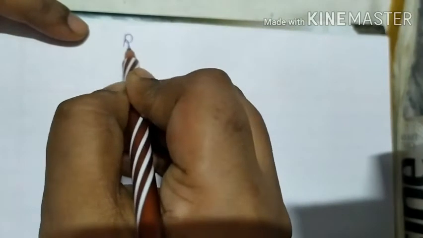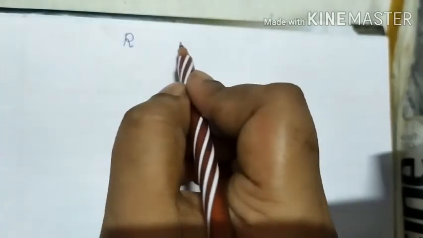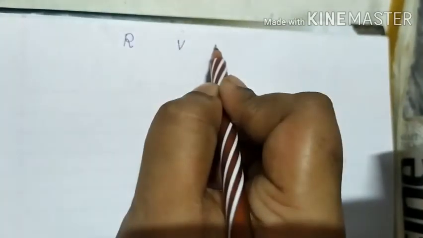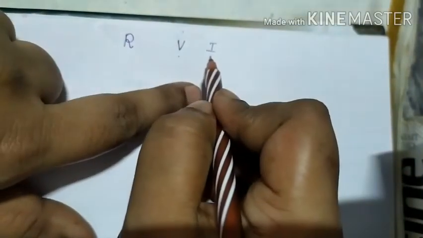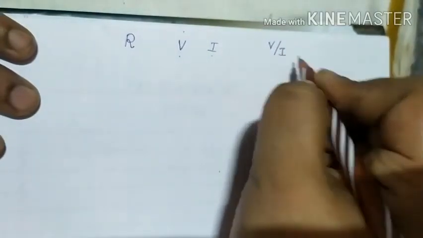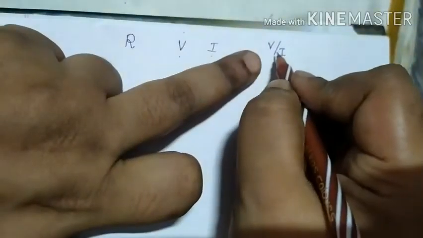See, I will write a small example. You are doing an experiment of, say, Ohm's law, right? And you're finding the value of resistance. So you measure the voltage and you measure the current, and you make a column where you write the values of V and I according to your measurements.